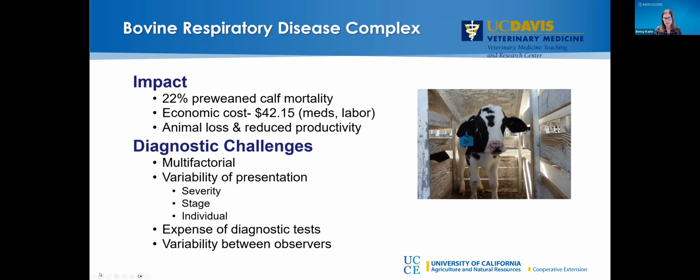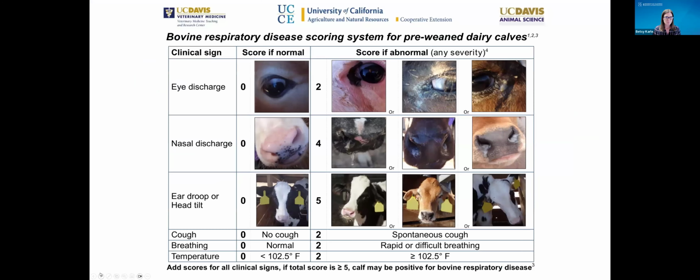The gold standard is a laboratory test that is going to take some time to get back to the producer, so that is something we wanted to address in some of this research. And then there's variability between observers, especially on our larger dairies, as we have here in California. Lots of people are taking care of calves on a day-to-day basis, and the same clinical signs might look different to different individuals, and we wanted to find a way to make that a little more consistent.